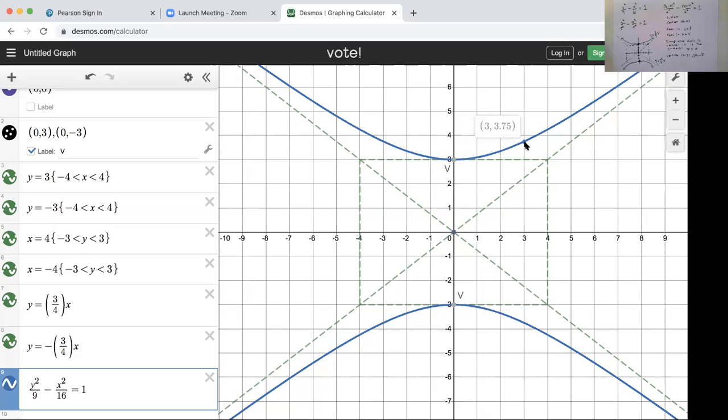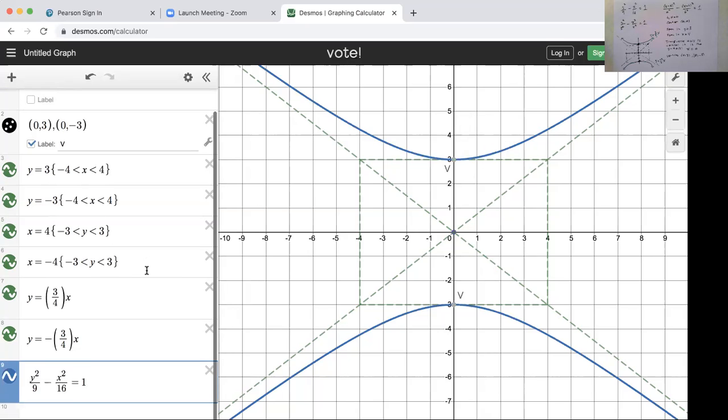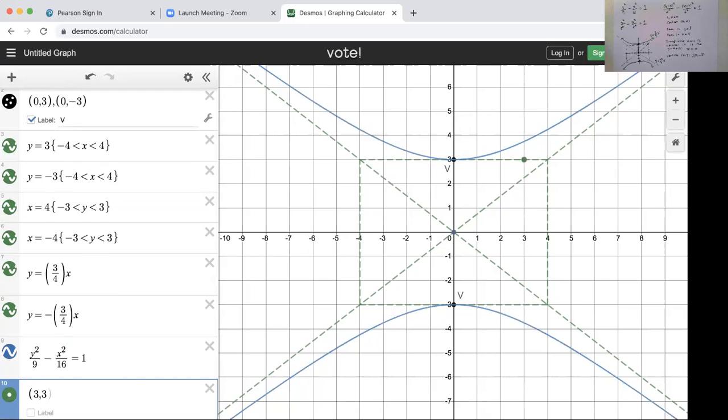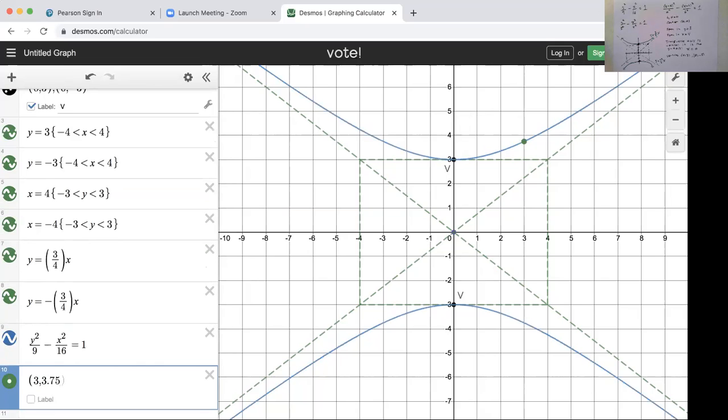Desmos is telling me that (3, 3.75) is on the graph. So what I'd like to do is think about the definition of a hyperbola. Everything is based on the distance from the point on the hyperbola to the focus. I don't have the focus yet. I guess I need to do that next.